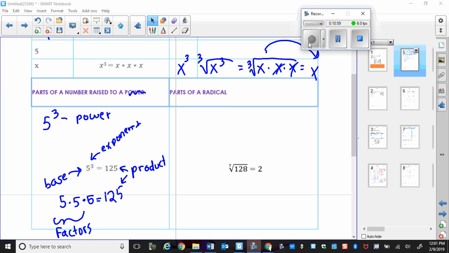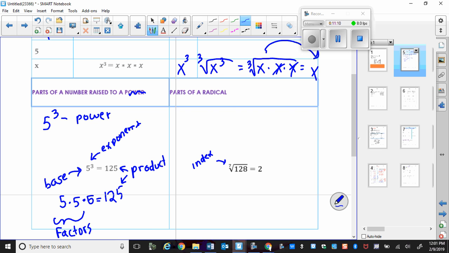Okay? So what about when we're dealing with radicals? Well, on the outside, this number is called the index, or it's also sometimes referred to as a root. Now, on the inside, this number is called a radicand.